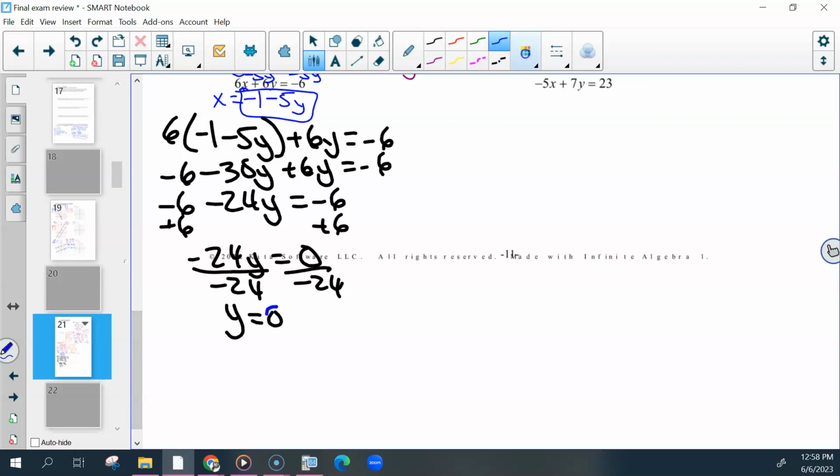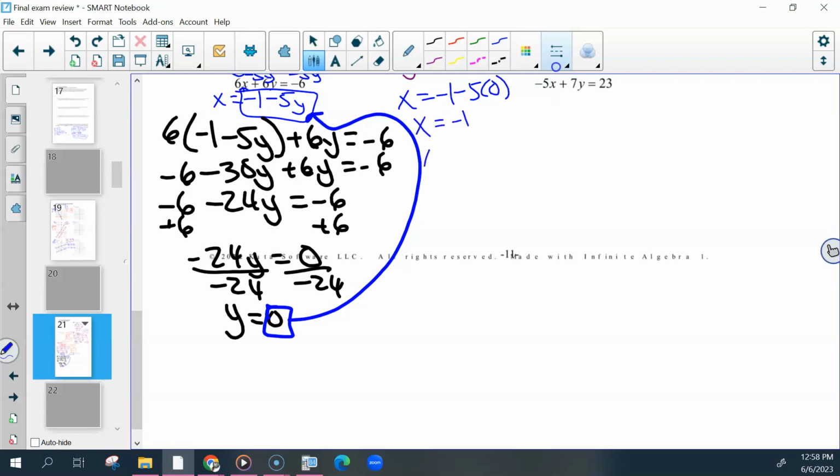I can put 0 into this original equation. x equals negative 1 minus 5 times 0. Or just negative 1. Negative 1, 0 would be that answer.